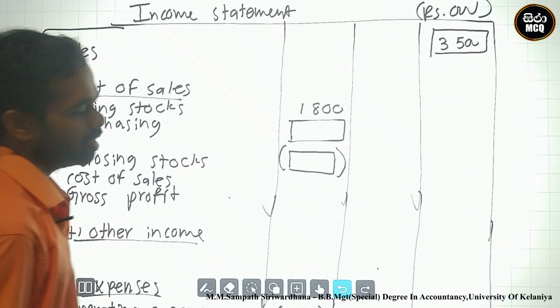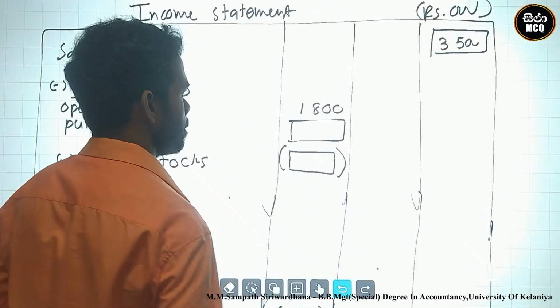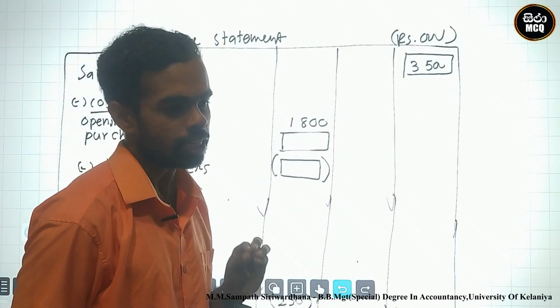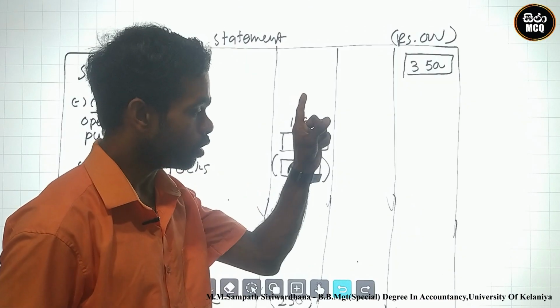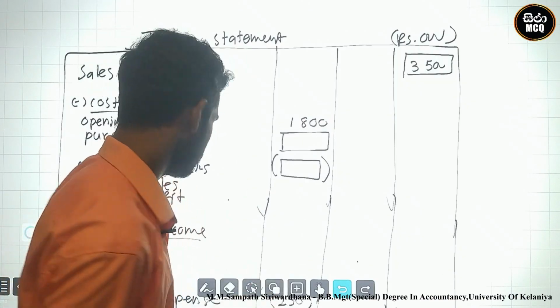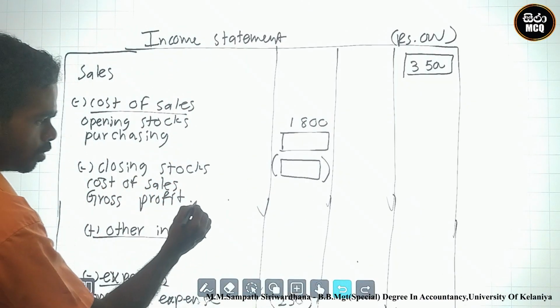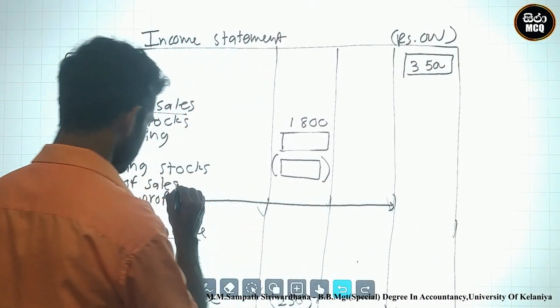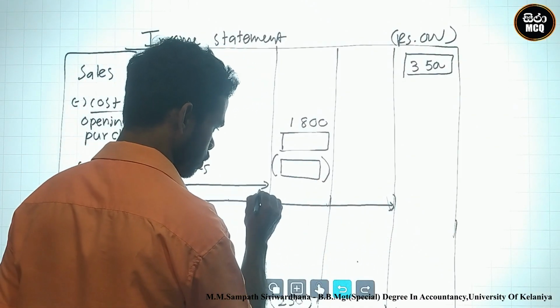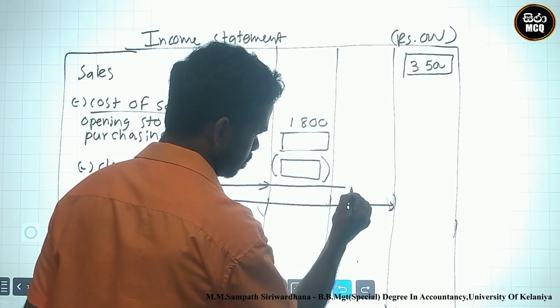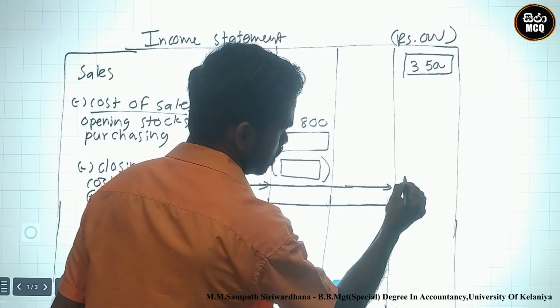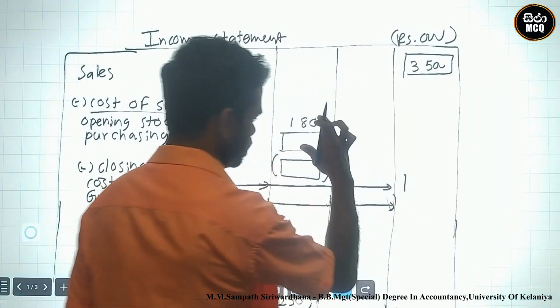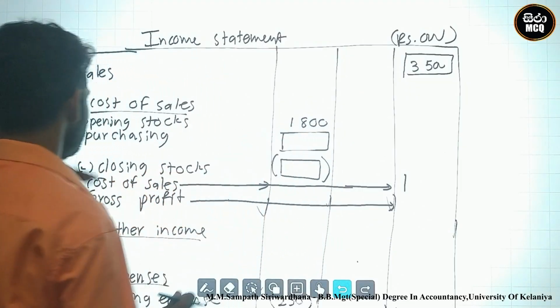You know, there is a ratio relating sales, cost of sales and gross profit. This is the gross profit, no? This is the cost of sales, no? Cost of sales. This is the cost of sale.